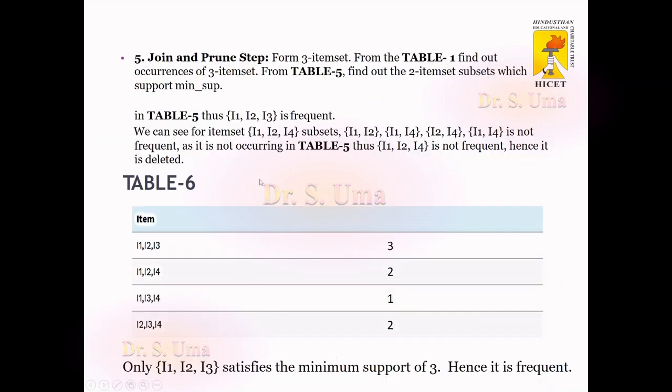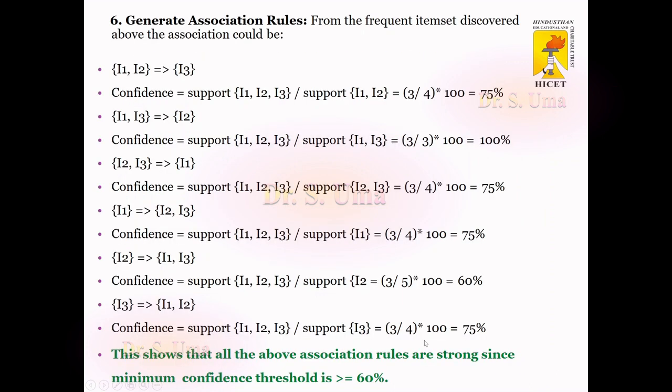Next we move on to identify the 3-item set, and we identify the number of occurrences of each of these. In the transaction table we could see that only I1, I2, I3 satisfies that. Based on this we calculate the confidence level for each of these.